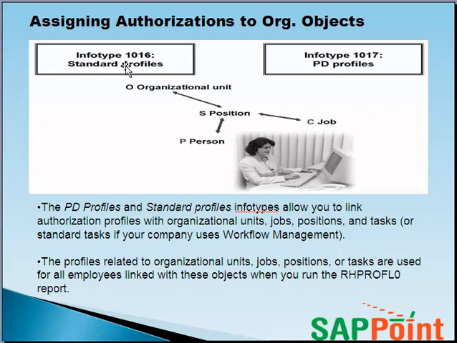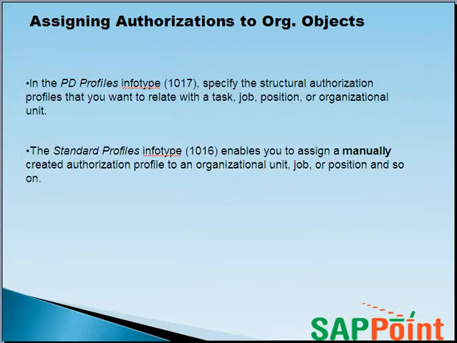Now, if you want to assign the generated profiles to the organization management, then you could use PFCG to do it. So like we said, the PD profiles, info type 1017, is used for assigning the structure profile to the org management objects. And info type 1016 enables you to assign manually created authorization profiles to the organizational objects, such as org units or positions or jobs.